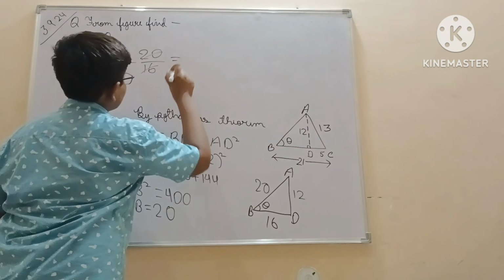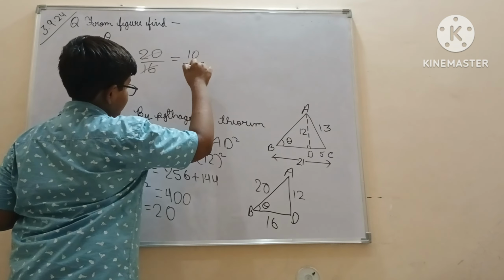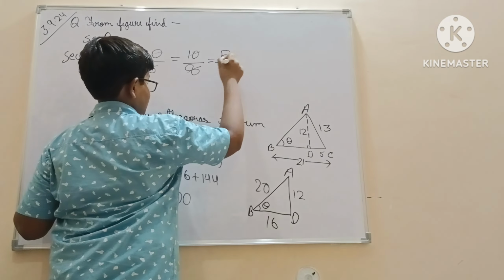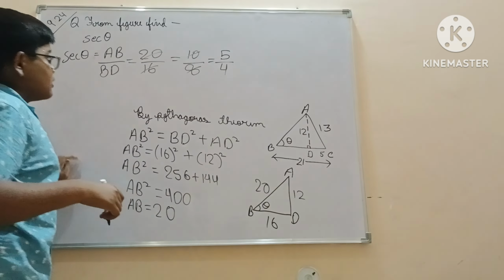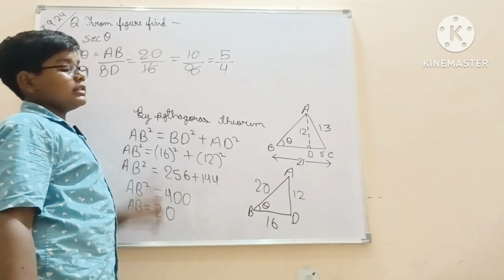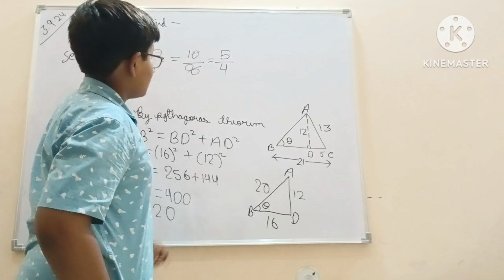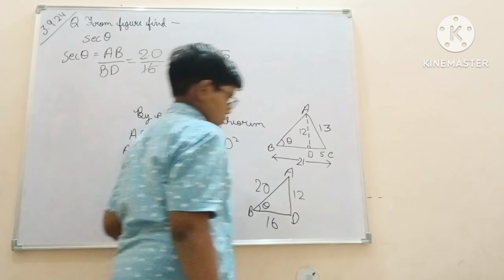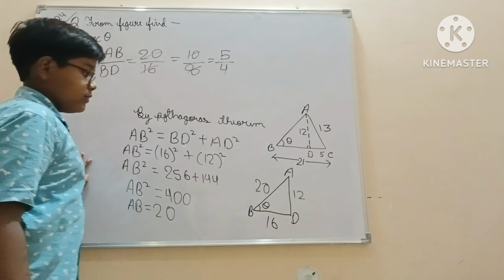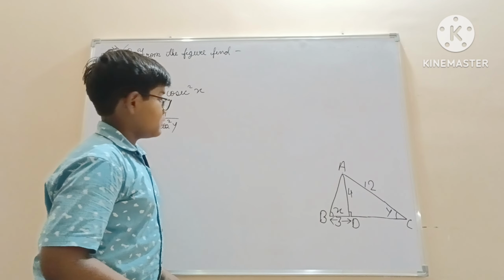These both can be cancelled by 2: 2 tens are 20, 2 eights are 16. This also can be cancelled by 2: 2 fives are 10, and 2 fours are 8. So this fraction can be directly cancelled by 4, or you can cancel it by 2 and 2. Now we have found the value of sec theta, and we are moving to our next question.